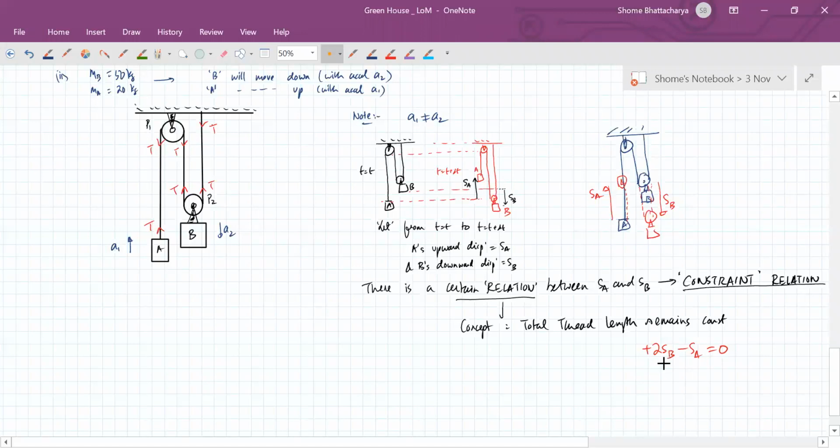So the amount of thread pulled by B should be equal to the amount of thread released by A. During this displacement, B pulls 2 times SB amount of thread down, while A releases SA amount of thread.